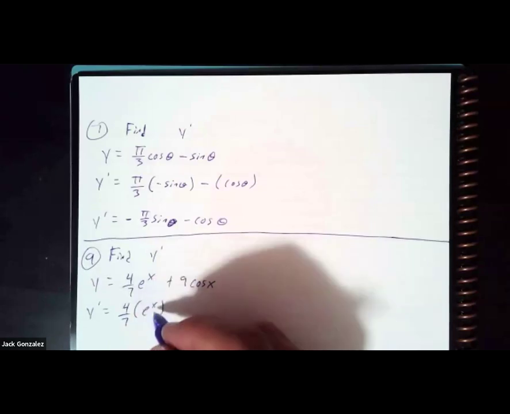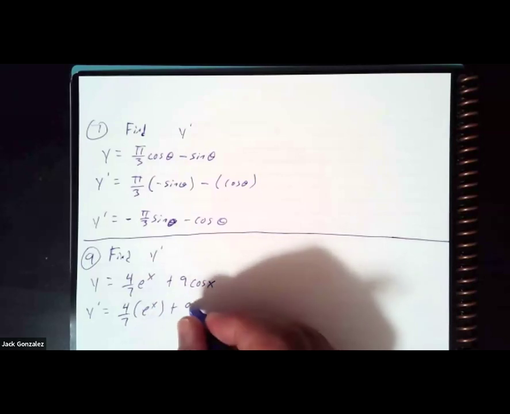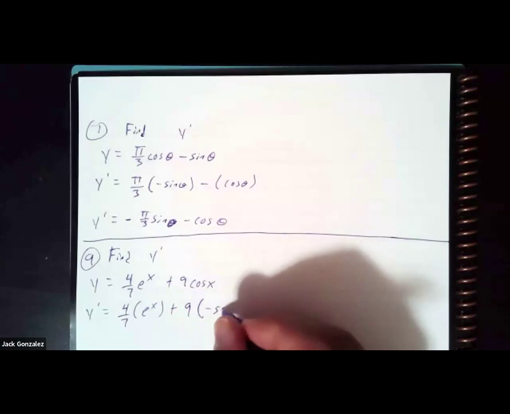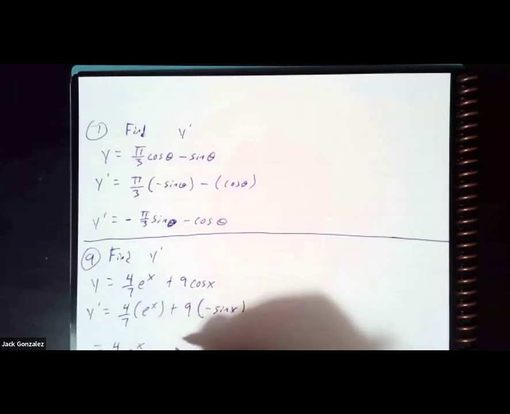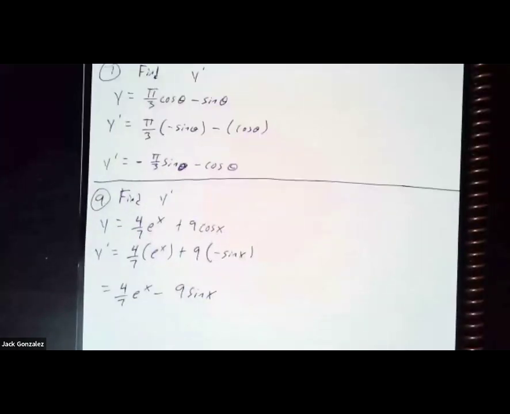But that 4/7 will just be multiplied times the result. Plus 9 times the derivative of cosine, we said is negative sine. So this will be 4/7 e to the x minus 9 sine x. Whenever you do a derivative, you have to do it to every single term in order to get the whole thing.